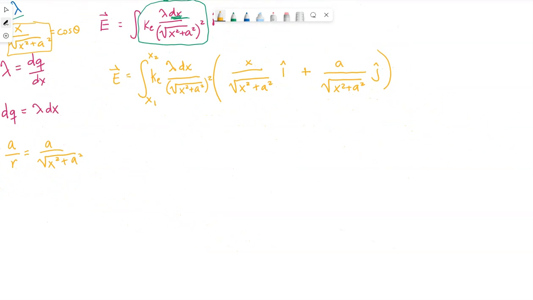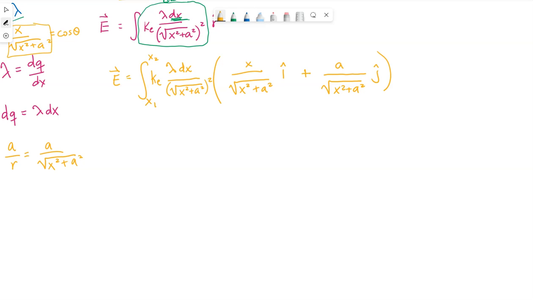So we end up actually with two integrals here. We have to factor the magnitude in to the x component. So k lambda x dx over, in the denominator I have the square root of x squared plus a squared, and that is squared. And I'm multiplying that by the quantity of x squared plus a squared, or the square root of that.